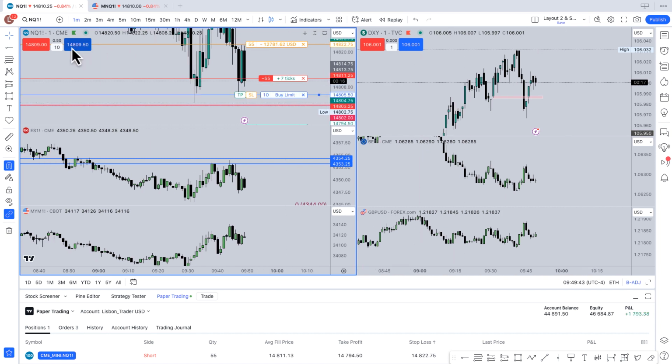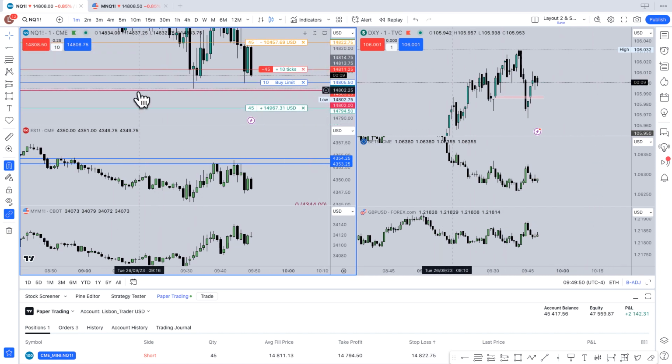Okay. Put equity back to initial balance.